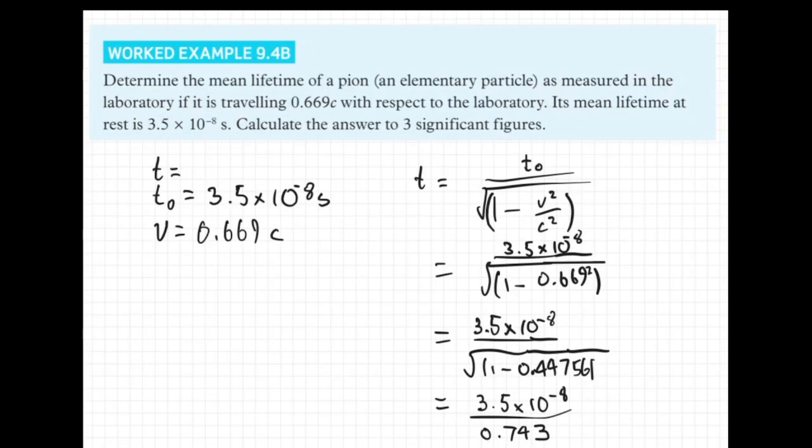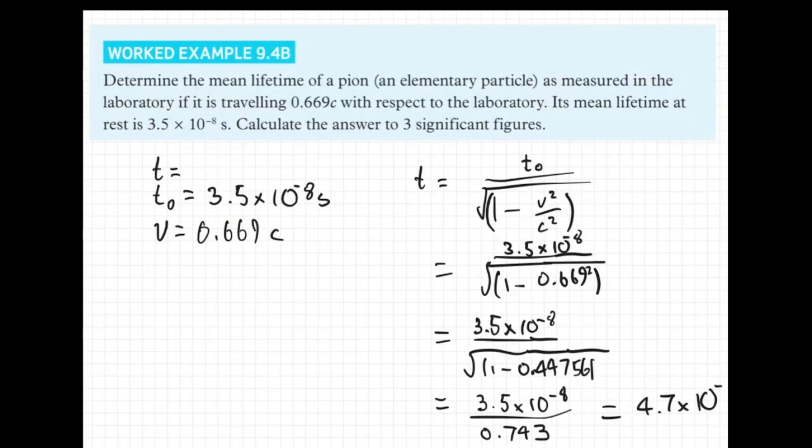All right, what did we get? 4.7 by 10 to the negative 8? It's probably 2 because of our T0. Oh, it does specify 3 sig figs.